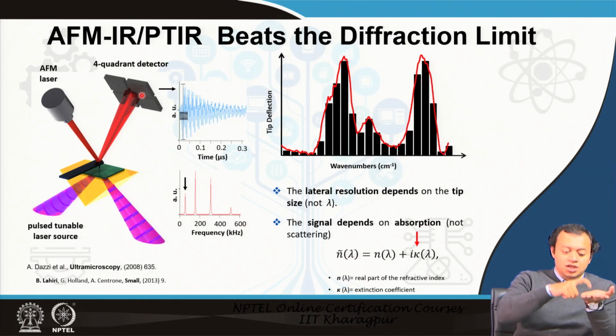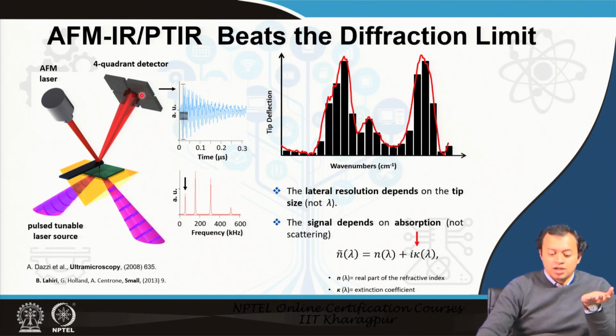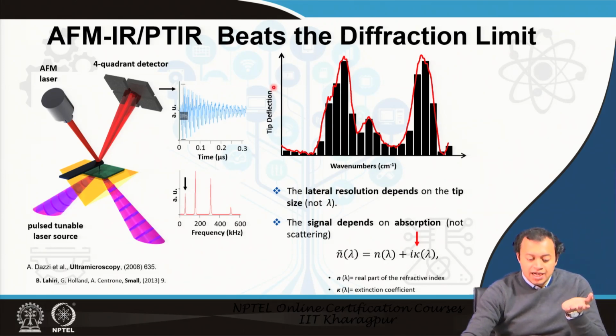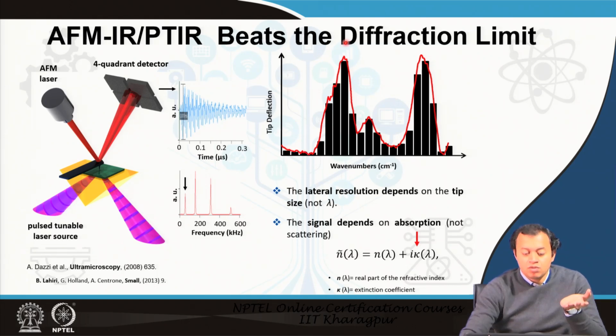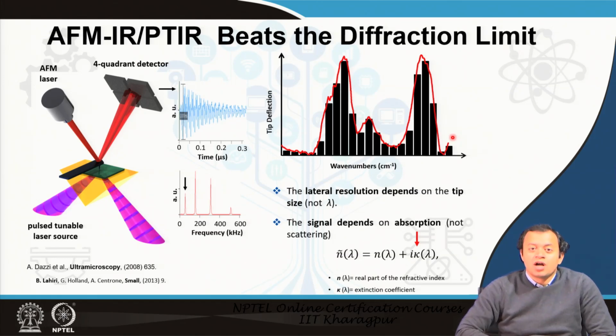If it absorbs, the cantilever will move, and if there is no absorption, the cantilever will not move. This total envelope will be your absorption spectra of the area just beneath the tip.